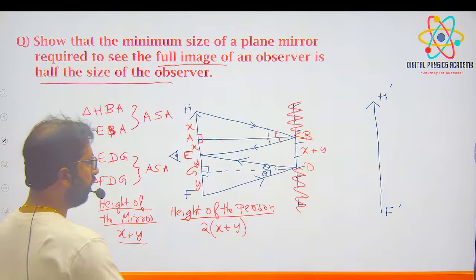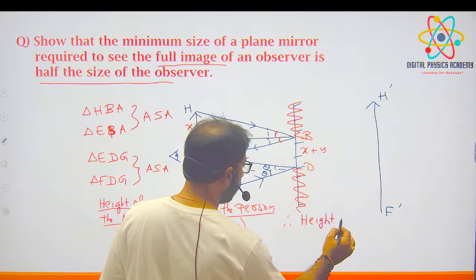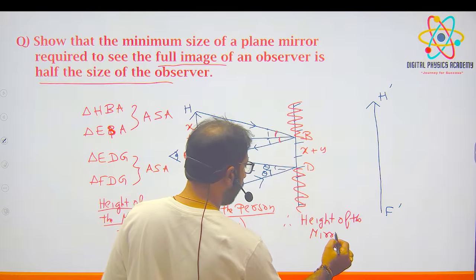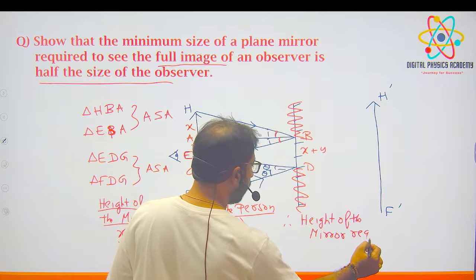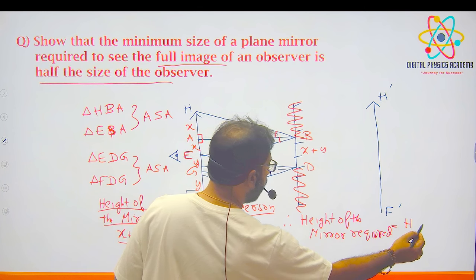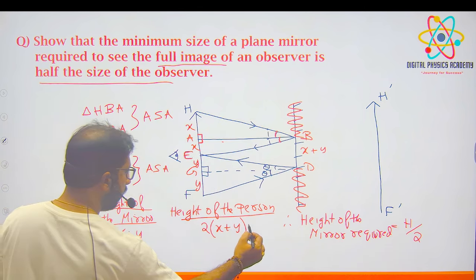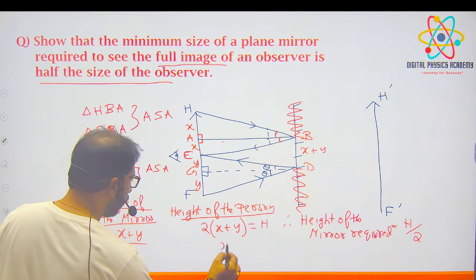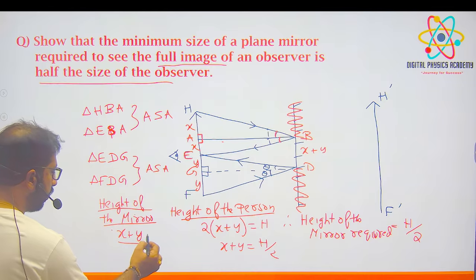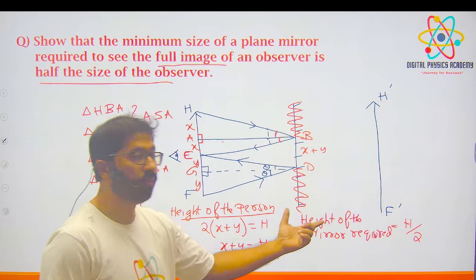That means we prove that height of the mirror required is h by 2. The person height is h, this I call as h. So from this x plus y is equal to h by 2, right? And this is x plus y. x plus y is nothing but h by 2. That means we proved height of the mirror required is h by 2.